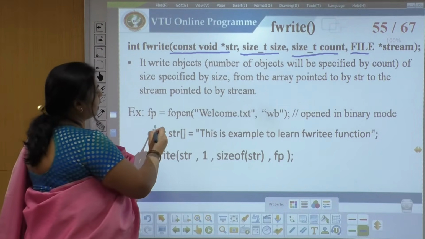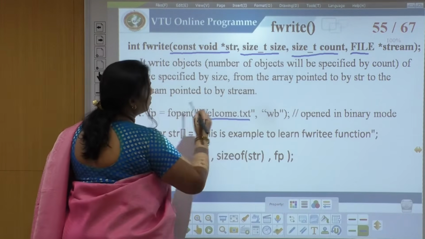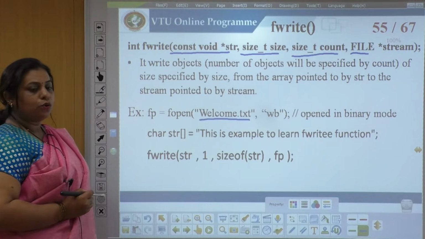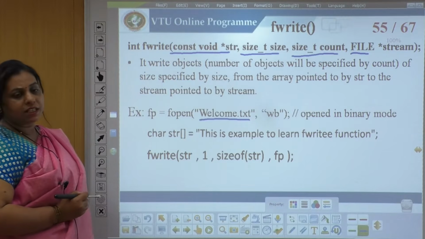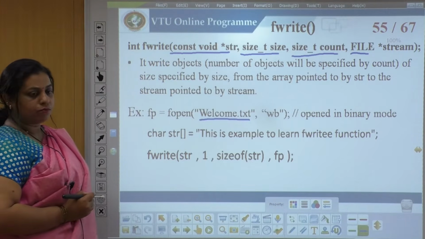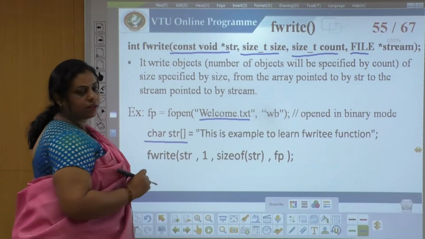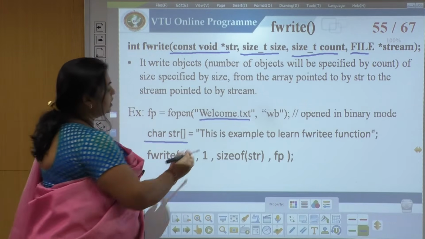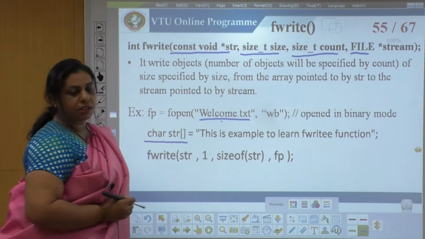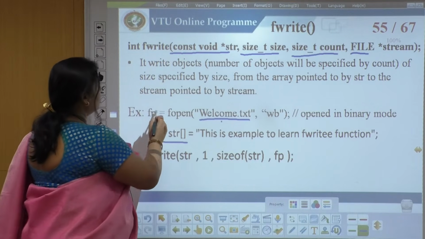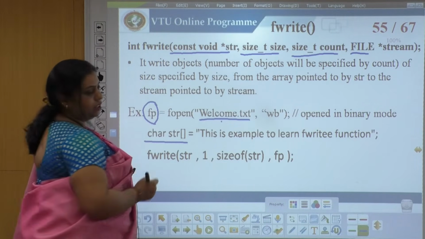Look here, again the file with the name welcome.txt is opened in the write mode, but it is opened in a binary mode. Okay, I have a string to be placed into the welcome.txt file, which is opened in the write binary mode, whose pointer is fp.